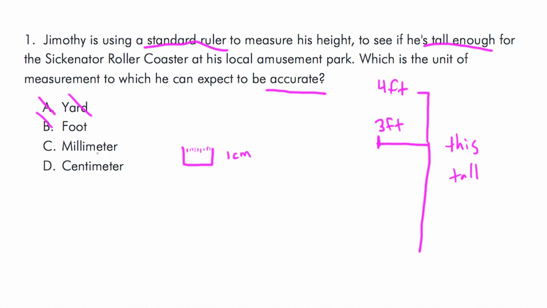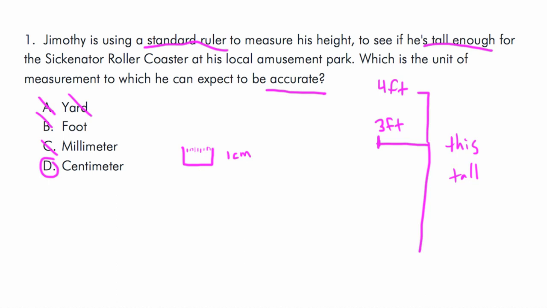So when going between C and D, the answer is definitely going to be D, centimeter, because it gives you an accurate look at how tall you are, especially down to the wire when it's 3 feet and however many centimeters there are up to your height. Millimeter is going to be too close.